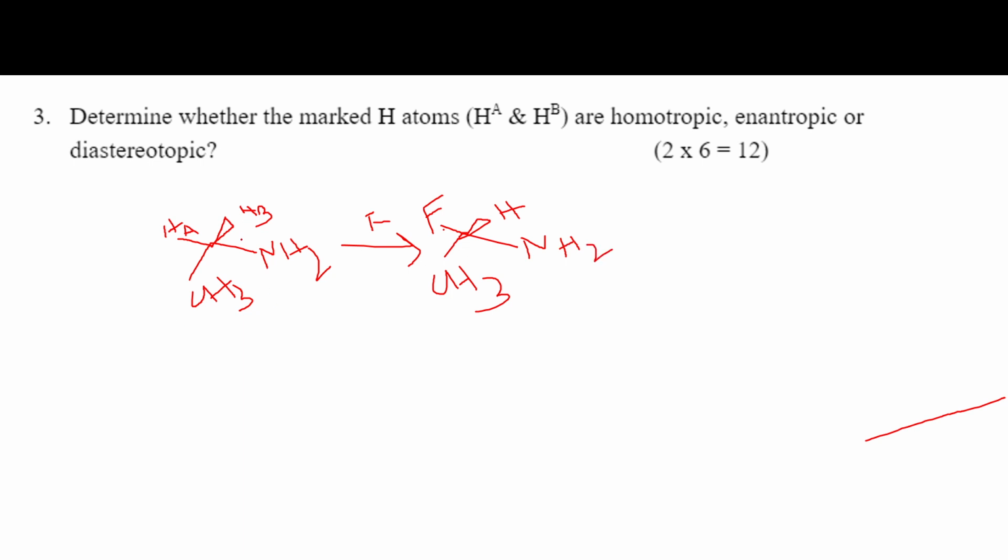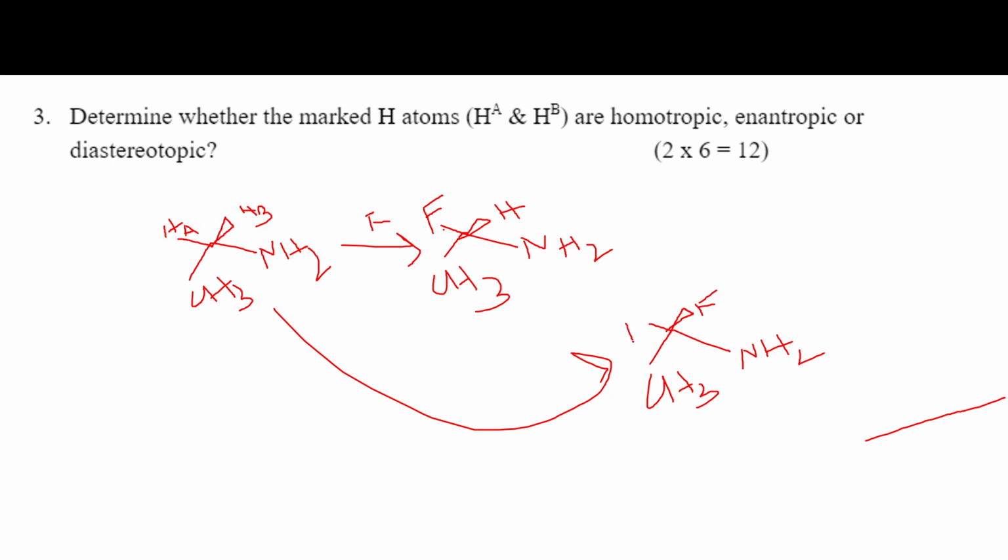Now if you want to replace HB by fluorine, then what do we get? So this one would be your fluorine. This one your hydrogen. Now you have to find out the relation between these two molecules, 1 and 2.